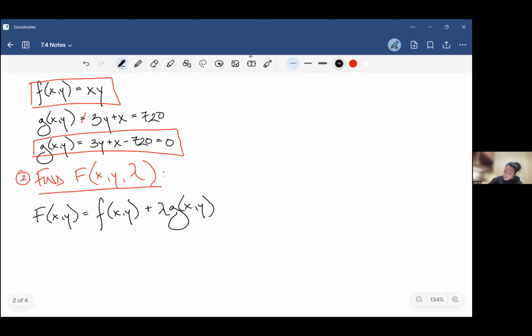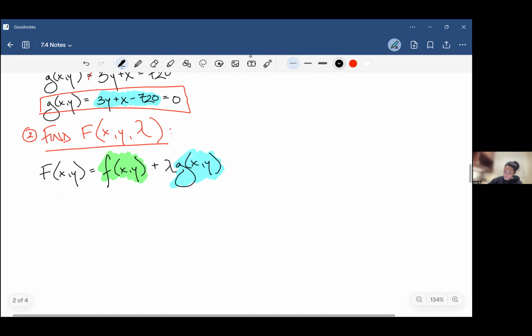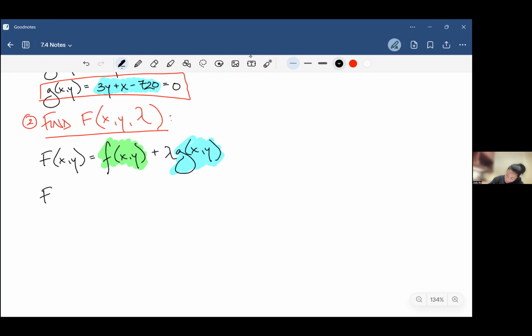Then everywhere I see an f of xy, I'm going to put x times y, and everywhere I see a g of xy, I'm going to put this 3y plus x minus 720. I'm literally going to make a substitution. So I get F equals xy plus lambda times 3y plus x minus 720.